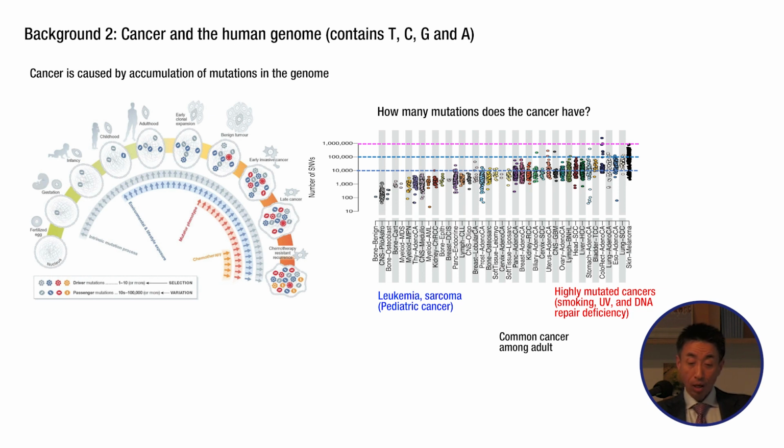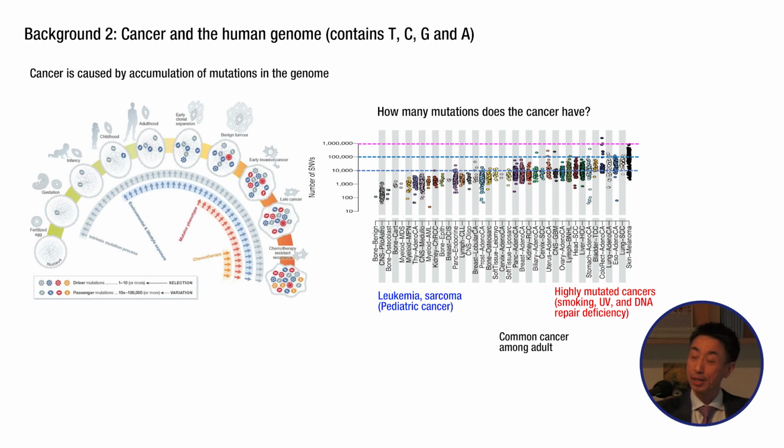So how many mutations does a cancer have? As Dr. Kuama said, we now have new technologies to sequence genes rapidly and cheaply, so we can sequence a very large number of cancer genomes. Now we can profile the mutation data of many different types of cancers.